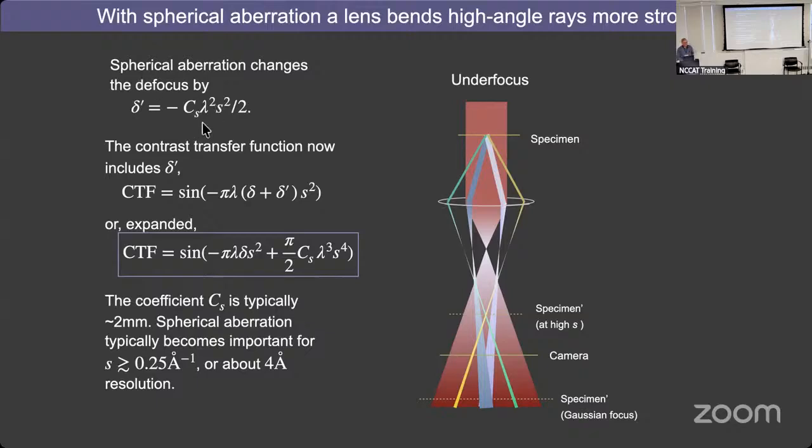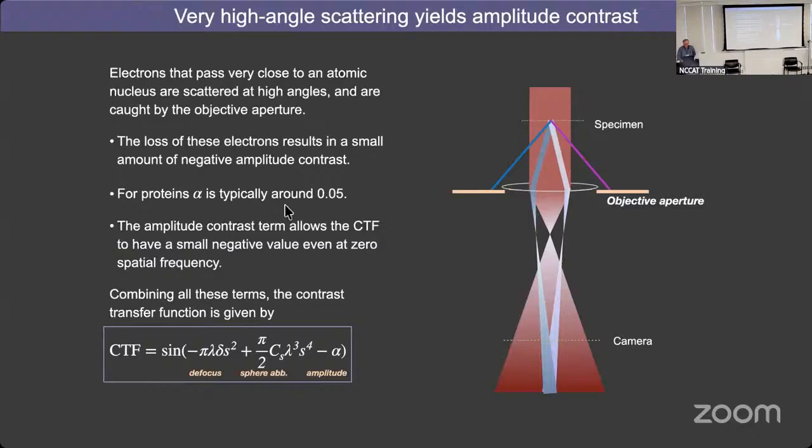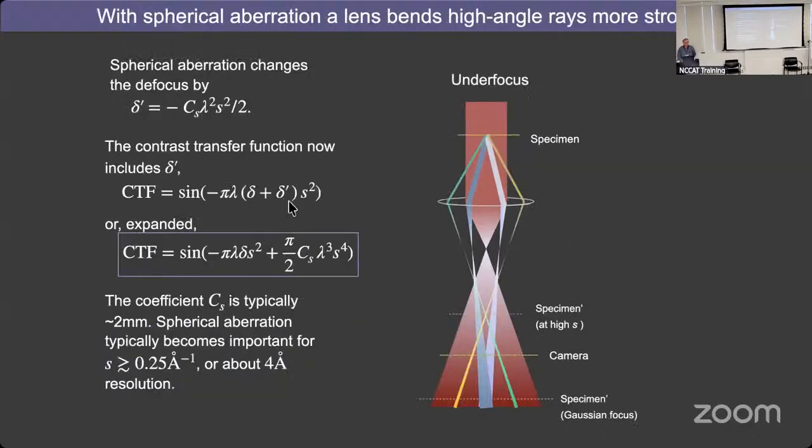And the change in the focal length of the lens follows something like this. There's a constant called CS, the spherical aberration coefficient, and that multiplies lambda squared, that is the wavelength, and S squared. And so the real CTF now has this perturbed amount of defocus, or if we expand it all, it looks like this.